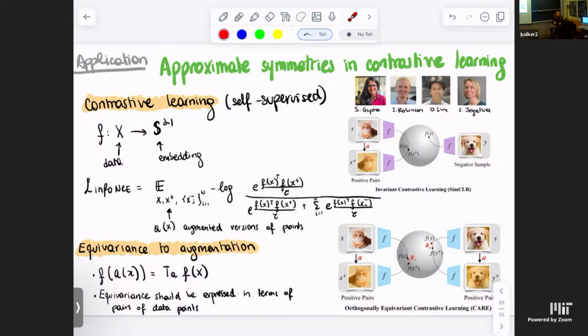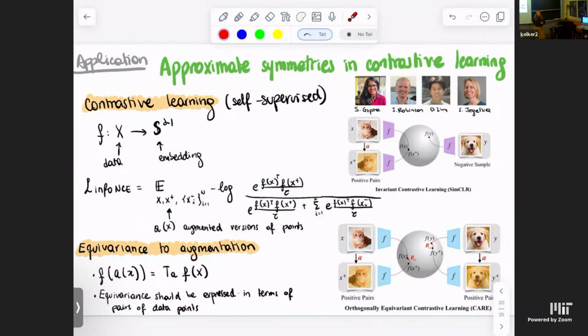The way people typically do this representation learning using contrastive learning is they have positive pairs and negative pairs, and they want the positive pairs to get embedded in the same points in the embedding space, and the negative pairs to get embedded in separate points. The positive pairs are constructed via augmentations.